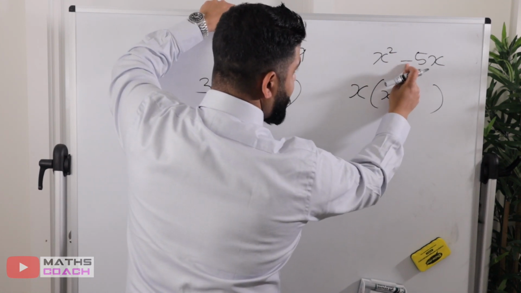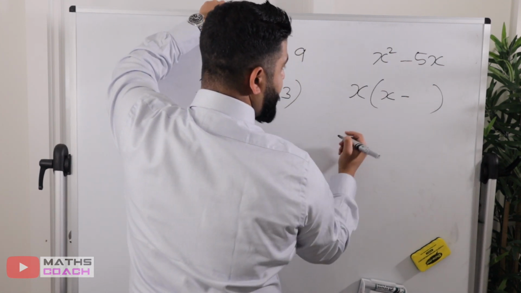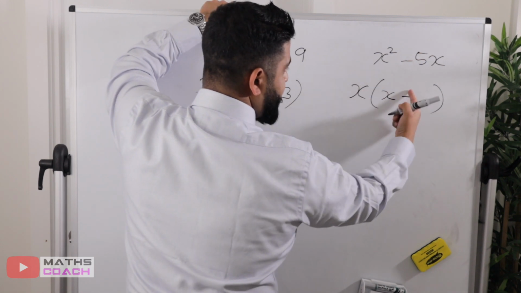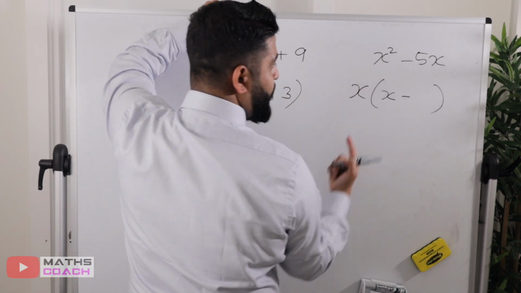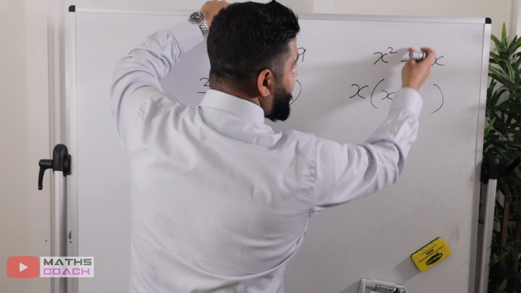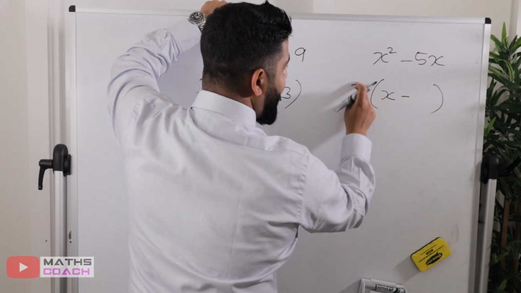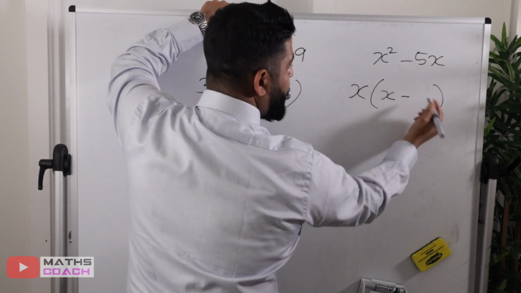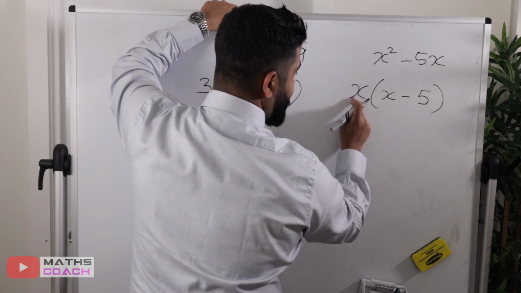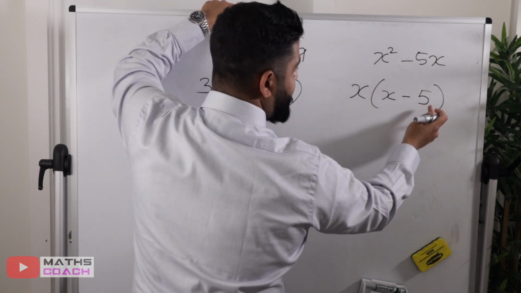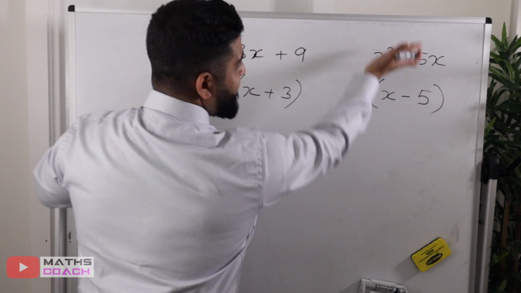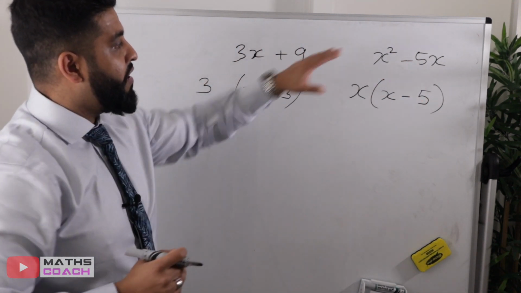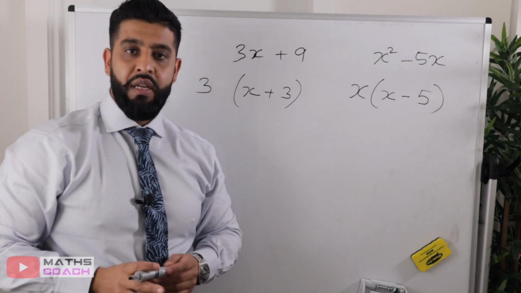So the sign here is going to be a negative, okay, because this one's a positive. Okay, so positive times a negative will give us the overall negative sign. Now we want to have 5x. So x times by what will give us 5x. Of course, it's going to be 5 because x times by 5 is 5x. And this is factorized. So we have factorized both of our expressions here.